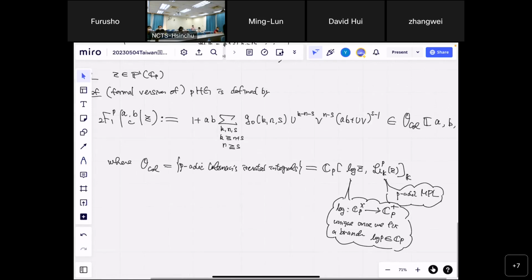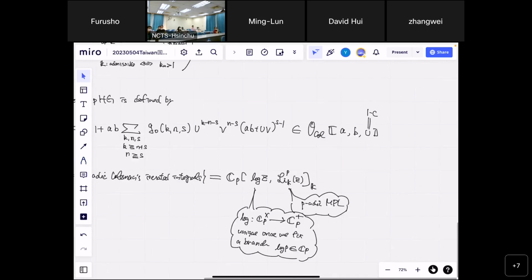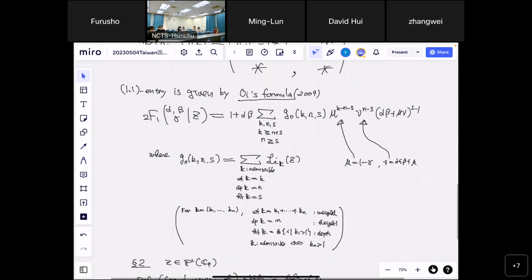This is my definition. The first version is a formal power series version of the p-adic hypergeometric function. This is a commutative formal power series with three variables A, B, and one G, and G0P is defined in the same way as the summation of p-adic multiple polylogarithms.